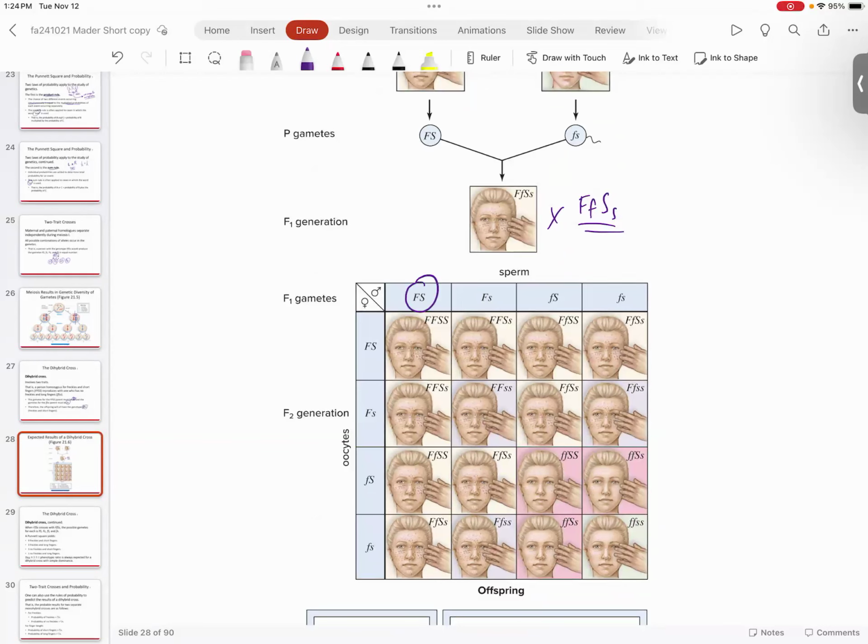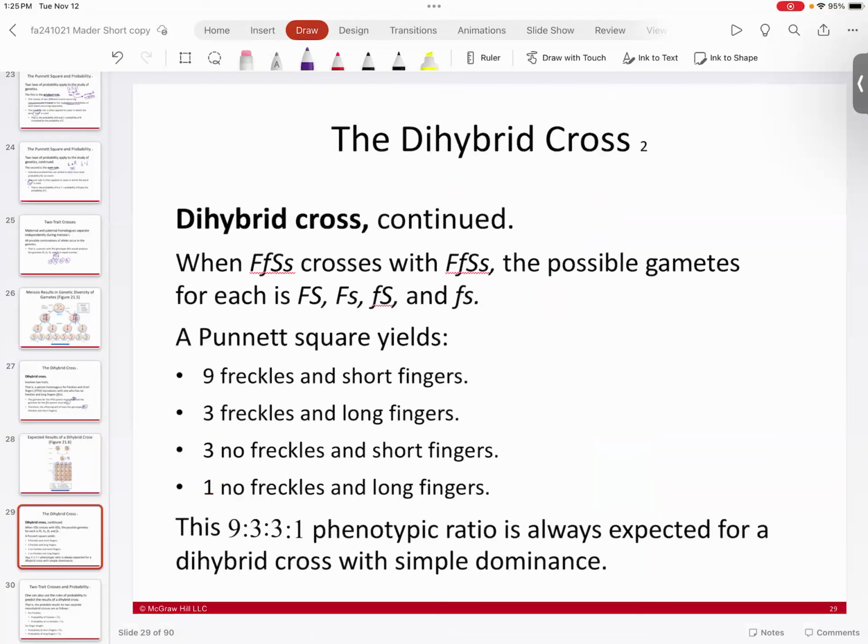So you'd have the two dominant alleles, the dominant recessive, the recessive dominant, and the double recessive. Now, if you combine these together, then you would get big F, big F, big S, big S, big F, big F, big S, little s, big F, little s, big S, and so forth. And so you can see how you'd have this kind of 9-3-3-1 ratio, which is typically what we see.